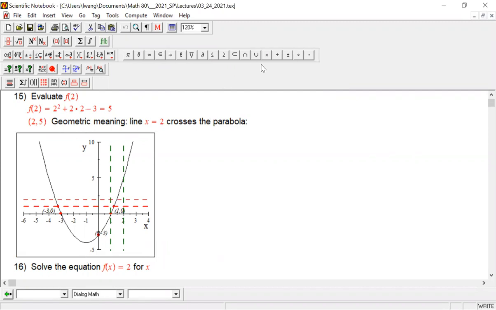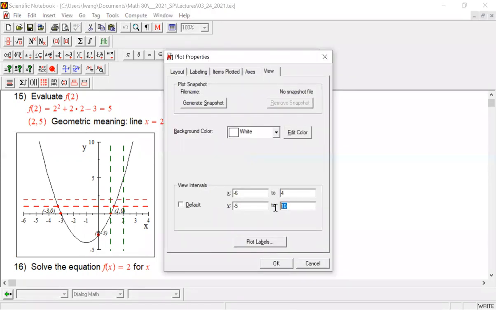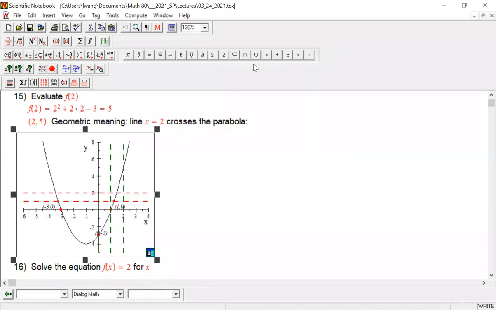Let me do a little bit of adjustment to make more space for the marking. The first red line we did was for number 14, and that is f of x equals 1.